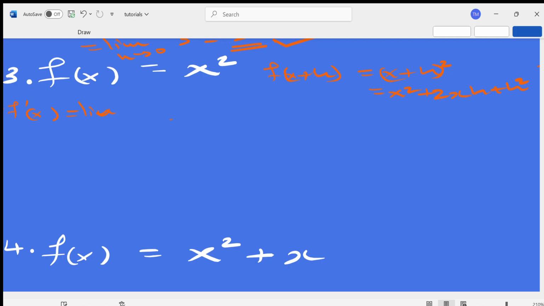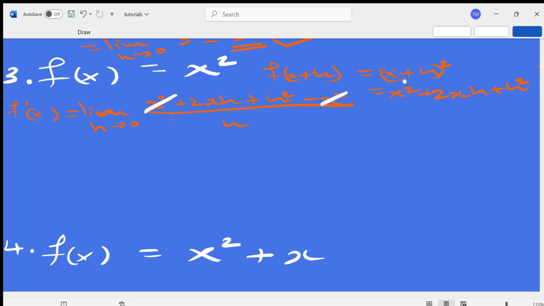So we're going to have the limit as h goes to 0 of x squared plus 2xh plus h squared minus x squared, all under h. As per simplifying, x squared will cancel the other x squared.